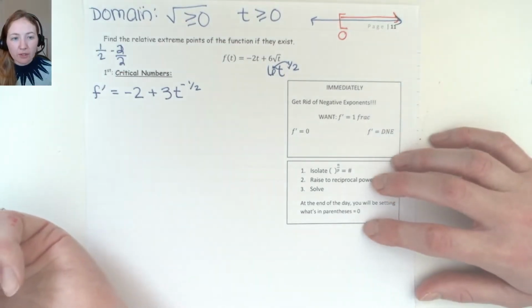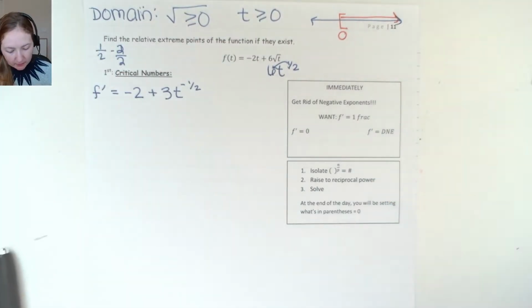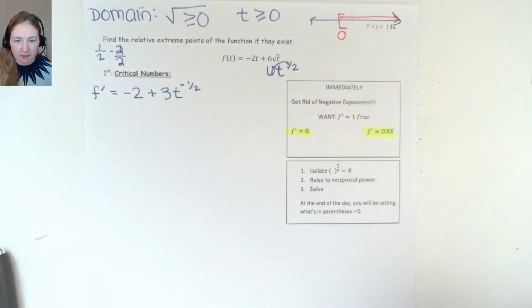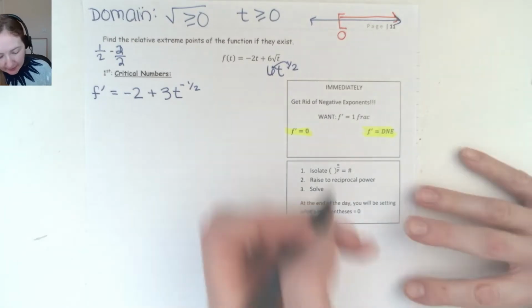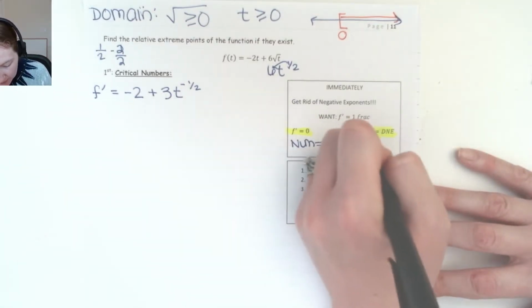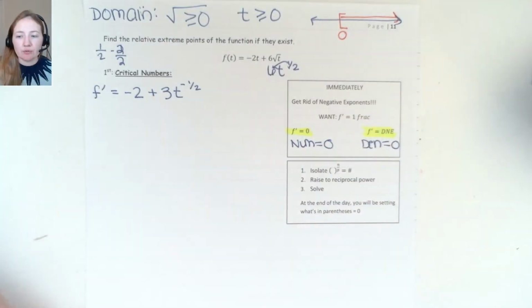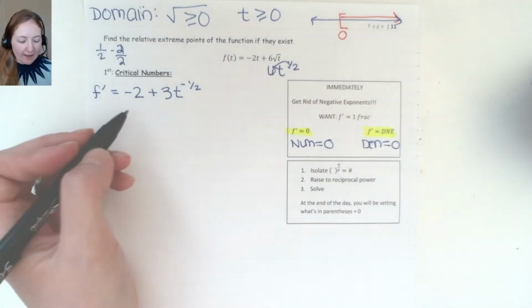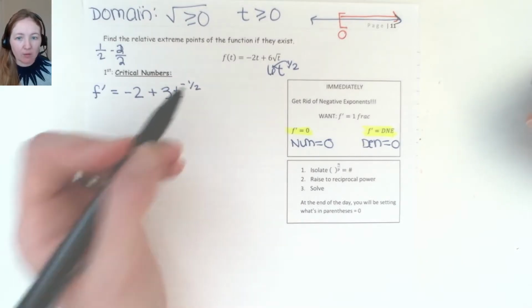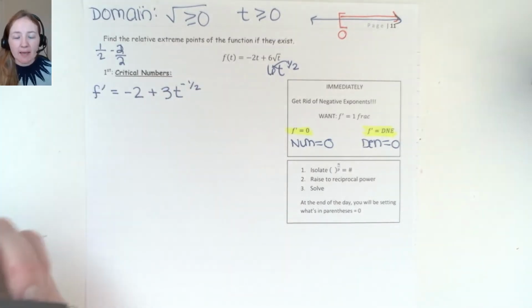Now, what I want to do is set the derivative equal to 0 or the derivative does not exist. To do that, it really amounts to setting the numerator equal to 0 and the denominator equal to 0. So when I have these negative exponents, I do not want to keep them. I want to rewrite this as a fraction.